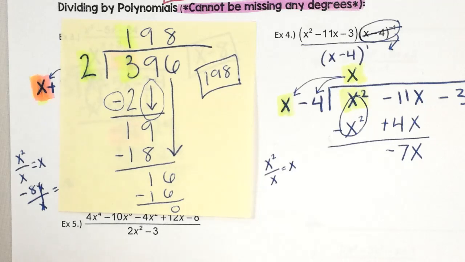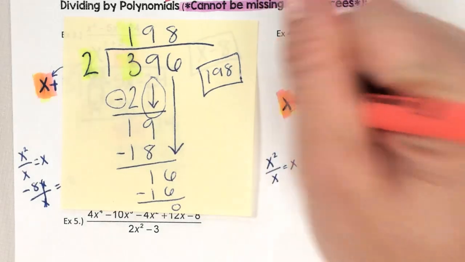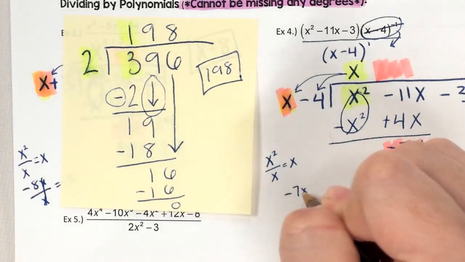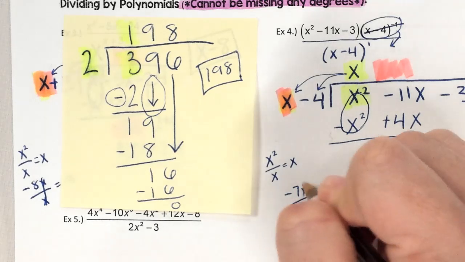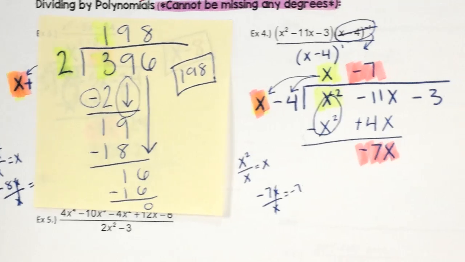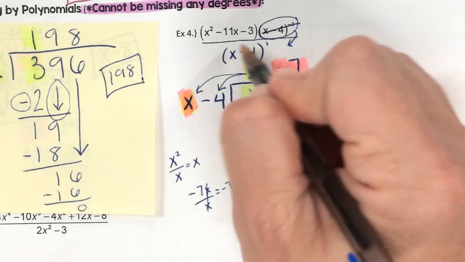Okay, so now I'm looking here, here, and here. So negative 7x divided by x. Well, x's cancel, so it's just negative 7. So negative 7 times x.